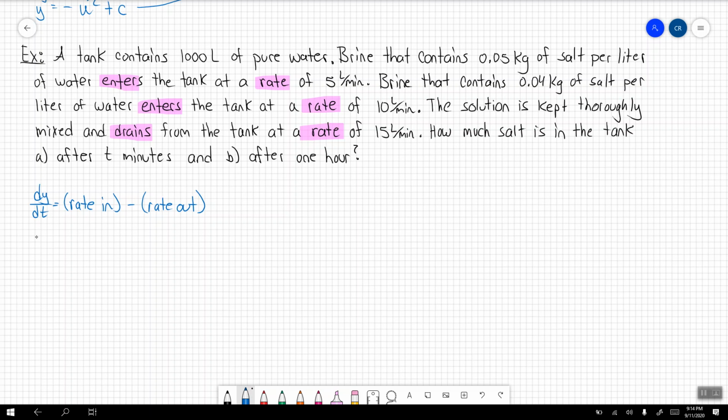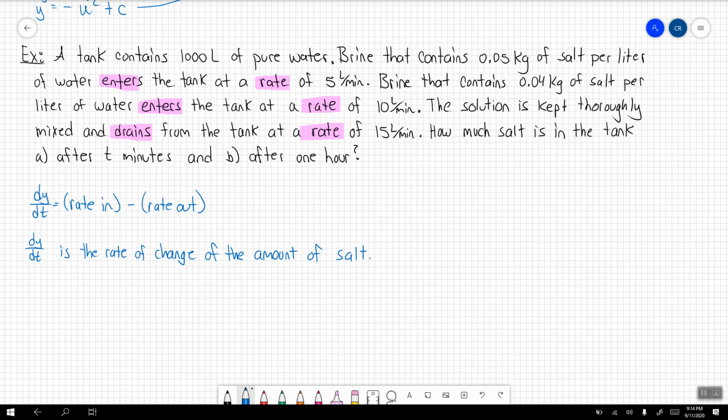I'm going to denote here that dy dt is the rate of change of the amount of salt.